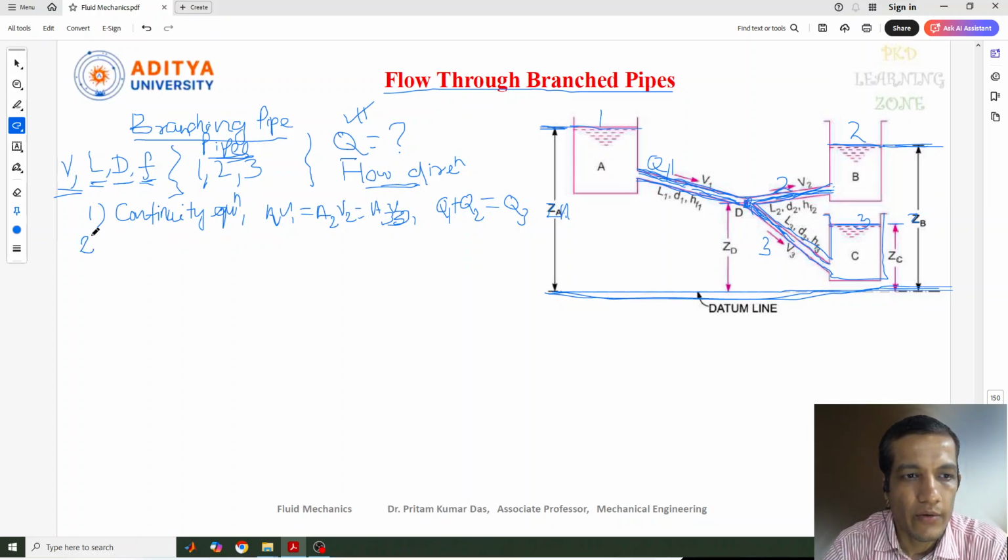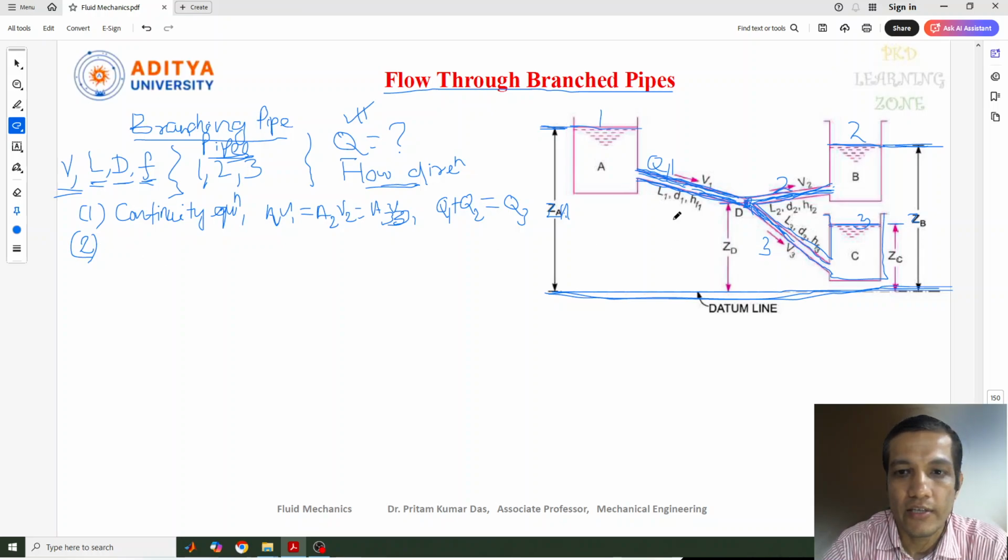Next, this is one equation. Second equation, we can write one more equation. We can see here that there is a fluid flow through the pipes. So when there is pipe flow, the losses of energy need to be considered. The losses of energy can be of two types: one is major loss, another is minor loss, as we have discussed. Here the minor losses can be neglected because they are very small. But we need to consider the major loss. Major loss happens due to the friction between the pipe surface and the fluid.